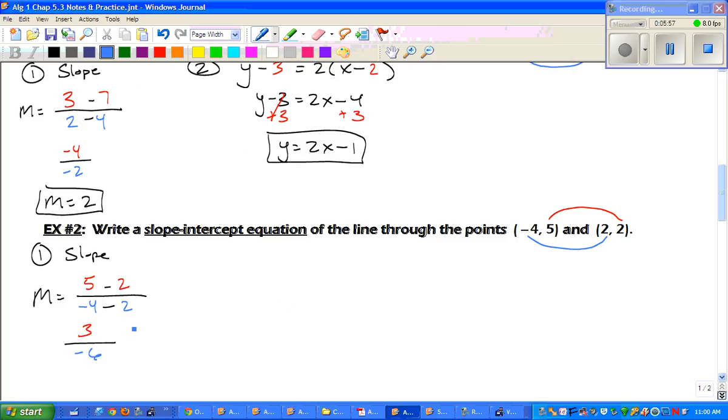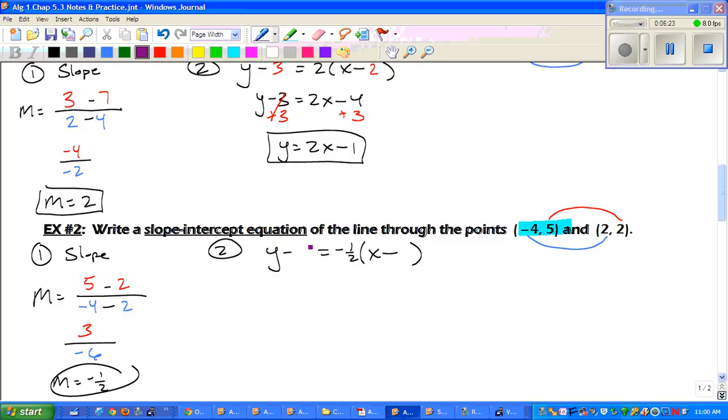Negative 4 minus 2 gives us negative 6. So our slope is negative 1/2. So there's the first part. Negative 1/2 times x minus. Okay. And you can pick any point you want to. If you want to avoid negatives, avoid negatives. I'm just going to pick the first one.